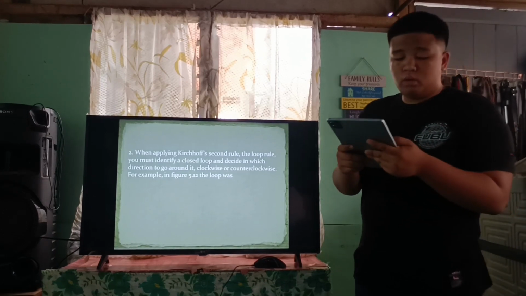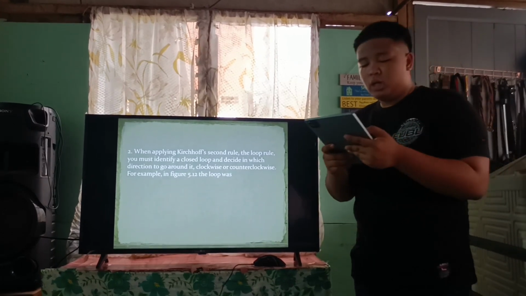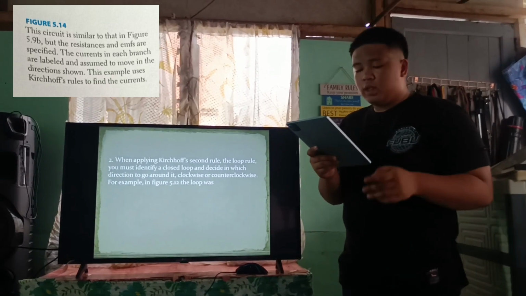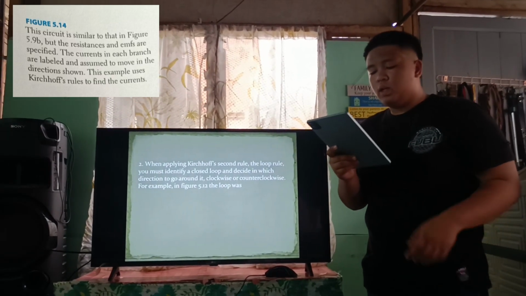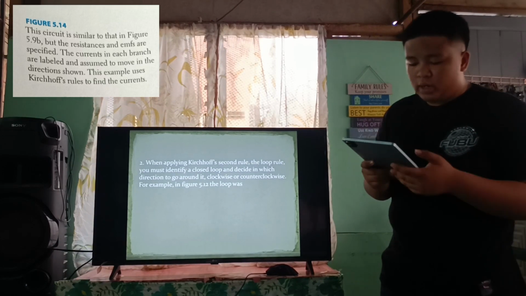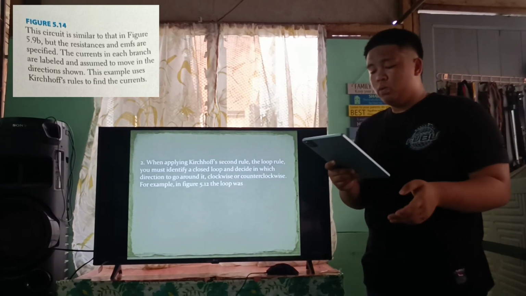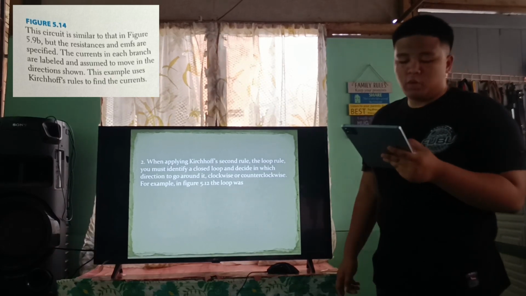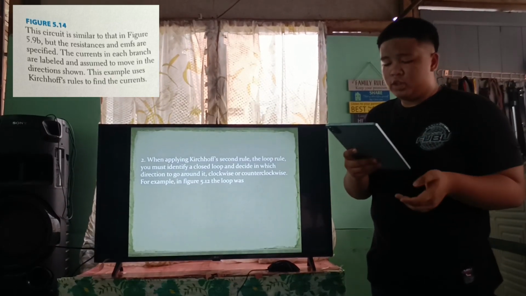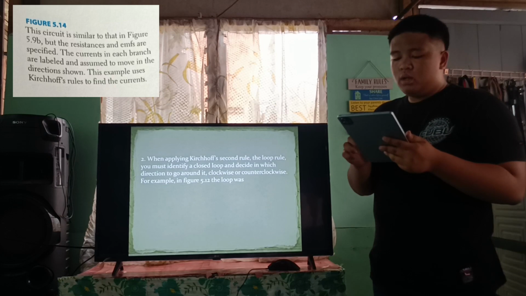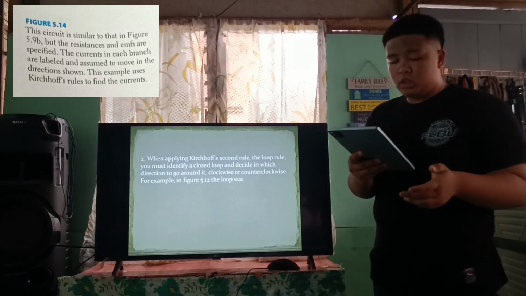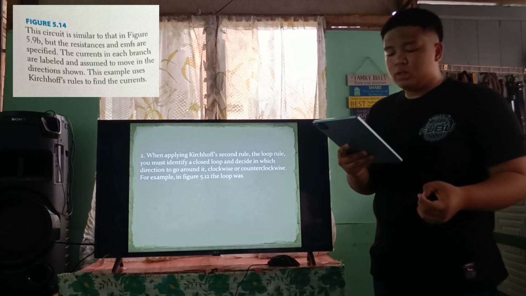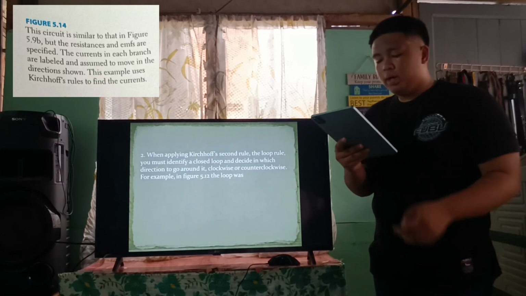The first rule is the junction rule application. When using the junction rule, we label the current in each branch of the circuit and we decide on their directions. It's like putting arrows on the road to show which way traffic is flowing. If we label the wrong direction, it is okay, because the magnitude or size of the current will still be correct, but with a negative sign.